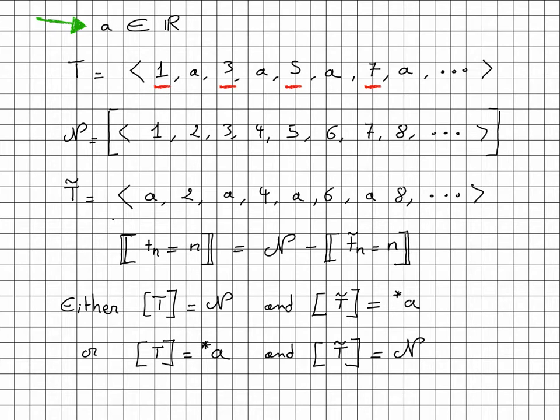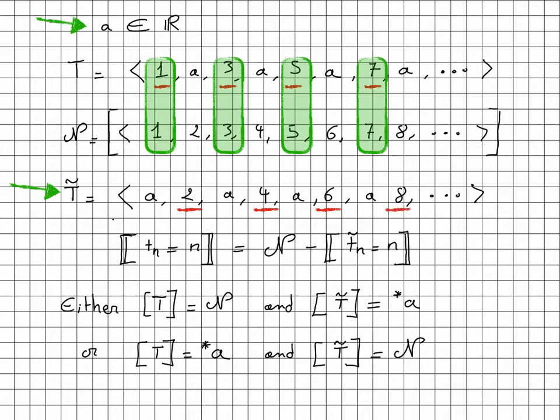Then we see that t agrees with n on an infinite set, but we can also construct t tilde as a succession 2, 4, 6 with a between each element. And we see that t tilde agrees with n on the set which is the complement here.